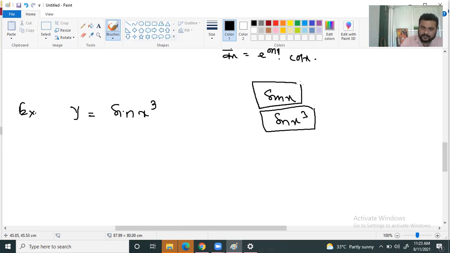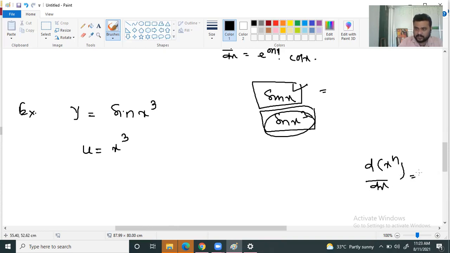We know the derivative of sin x is equal to cos x, but we do not know the derivative of sin x cube. Rather than taking u as sin x cube, we can take x cube equal to u, right? Because we know the derivative of x to the power n with respect to x is equal to n x to the power n minus 1. So y will be sin u.